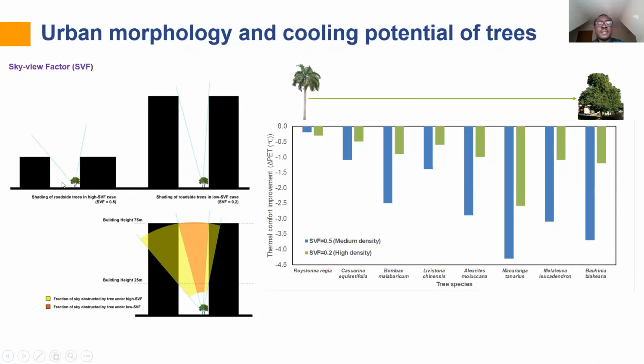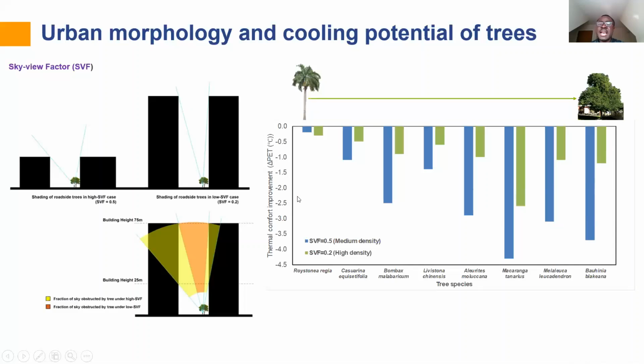If you place a tree at 0.2 in a high density environment, and in low density and medium density, the difference is not that much, of course. But if you consider this dense foliage tree, and you place it in a high density environment compared to a low density one, you see the difference is quite large in terms of thermal comfort improvement.